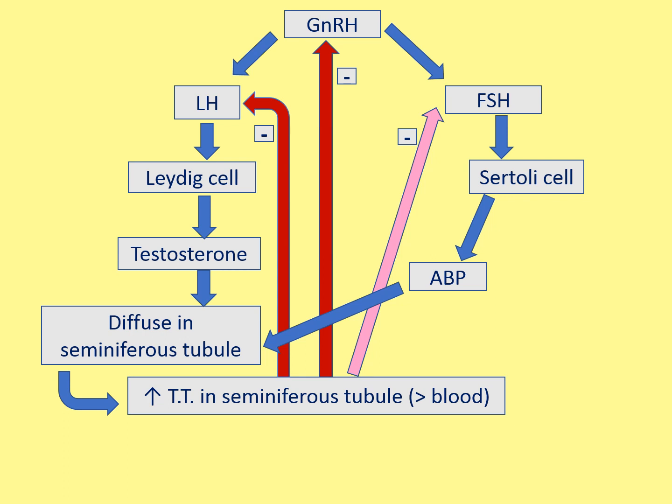So only in a large dose does testosterone inhibit FSH release. FSH is said to be not absolutely required for spermatogenesis, it only enhances spermatogenesis. Now, when the concentration of testosterone in the seminiferous tubule is high, it increases spermatogenesis.